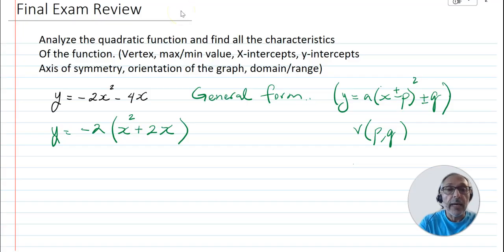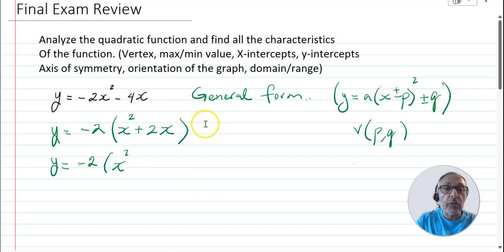Now, to complete this square, this is what we need to do. Leave the -2 alone, and now we're going to take the middle term. 2 is the coefficient of the x, not the x squared, the 2. We take half of that, so that's 2 divided by 2.